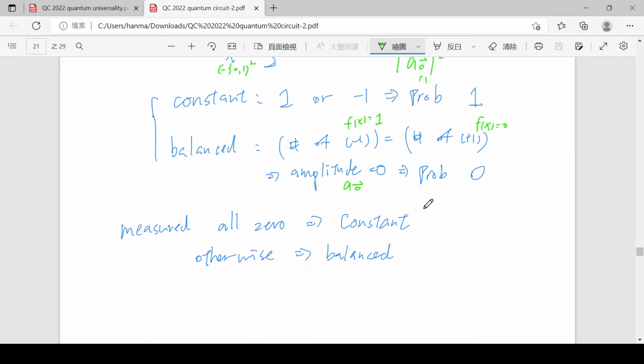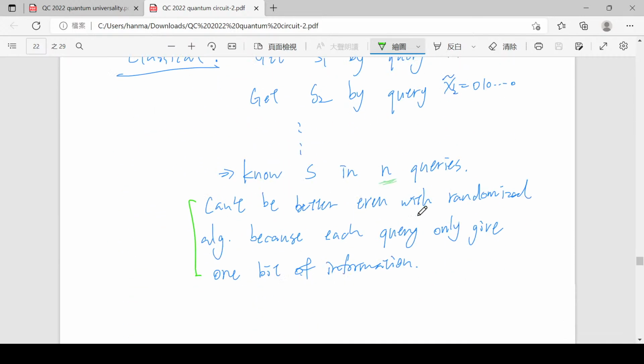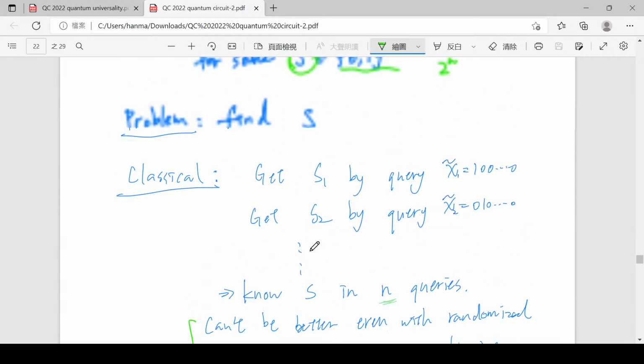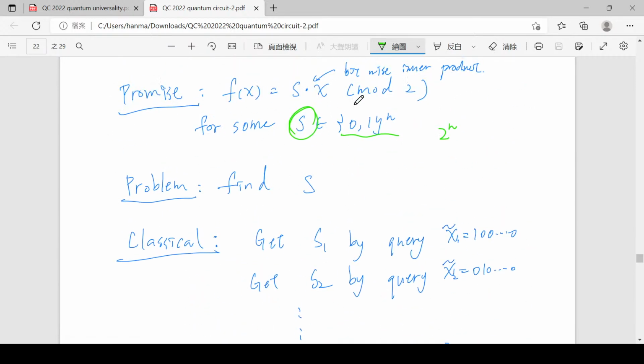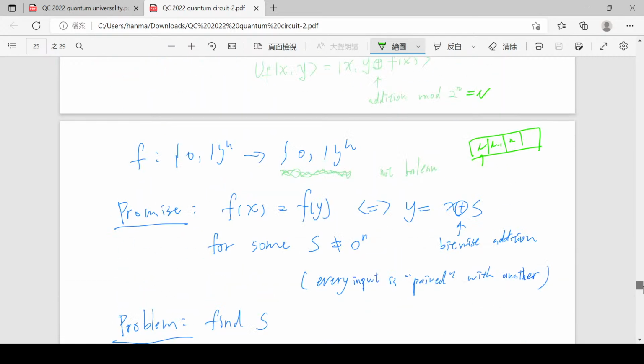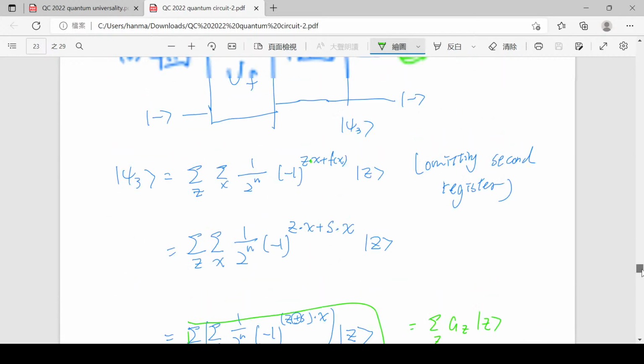And then there is Bernstein-Vazirani, it's the same algorithm, but now your function has a very special promise, that your f of x equals s times x. Actually, let me show a picture.